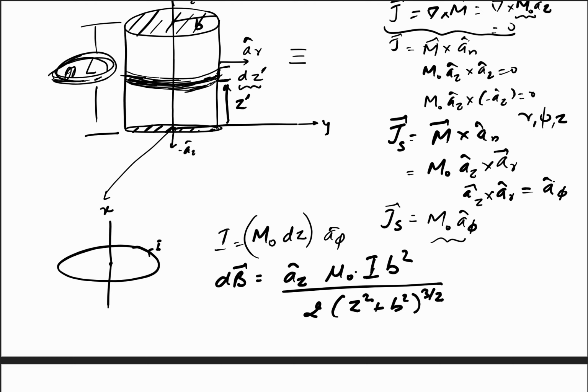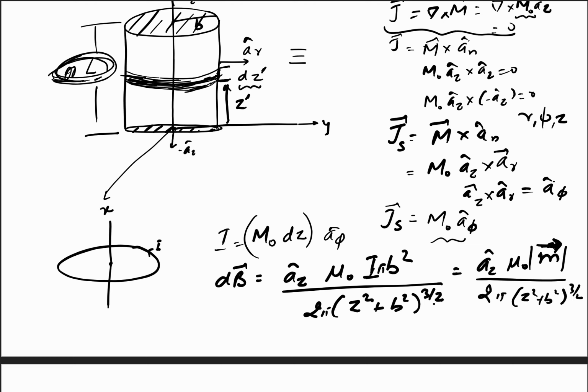If I multiply and divide with pi, it is simply az mu naught times the dipole moment over 2 pi, times z square plus b square power 3 by 2.